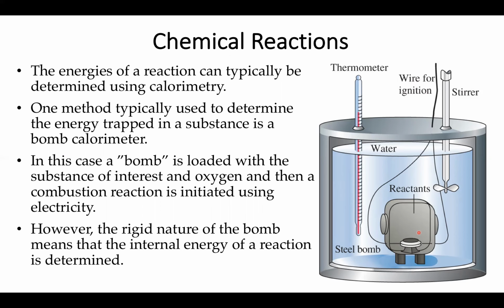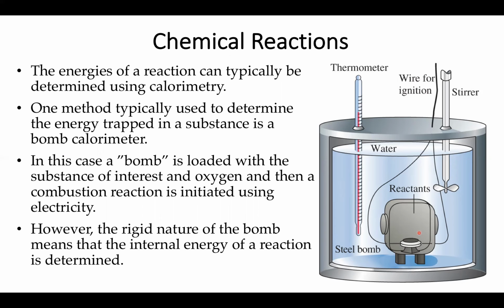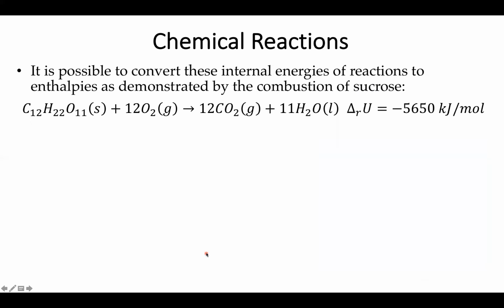One of the other unfortunate parts, though, is that when we're looking at these heats of reaction, what we're specifically looking at is the internal energy of reaction, not the enthalpy. And that is a little bit tricky. So one of the things we can do is convert those internal energies of reaction to the much more useful in everyday life enthalpies of reaction.